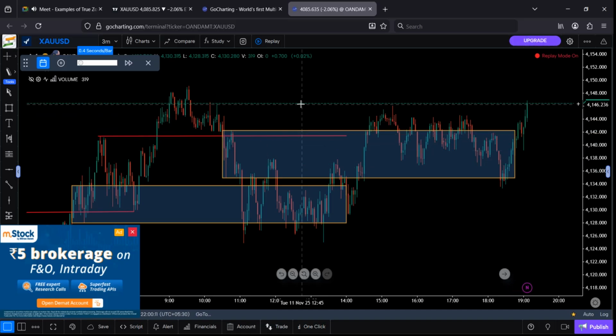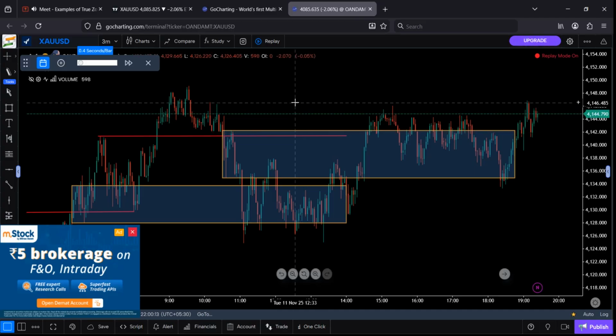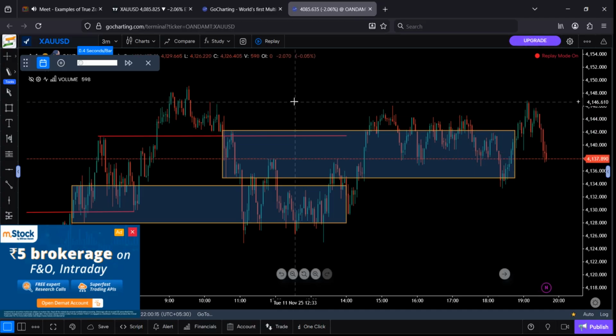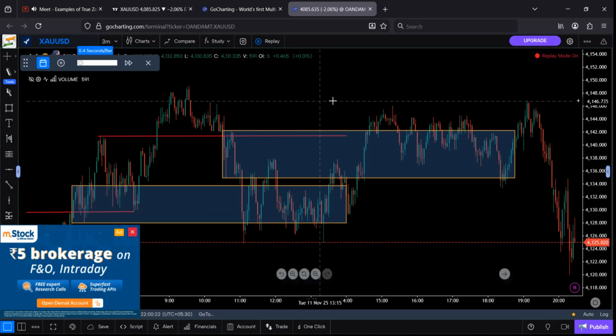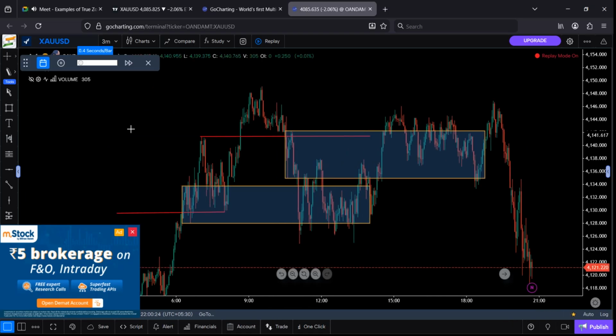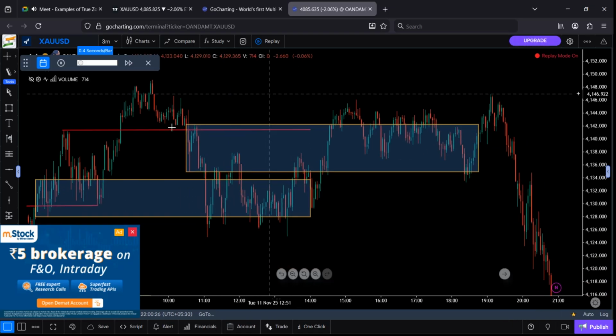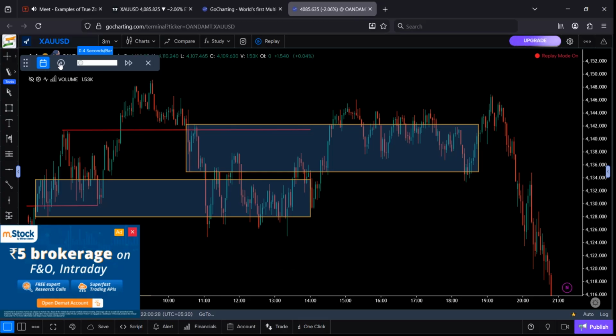We have already discussed that in the past. Why did this happen here? Because there was a QM, and we have QM, LSK and Q zone at the lower time frame here.